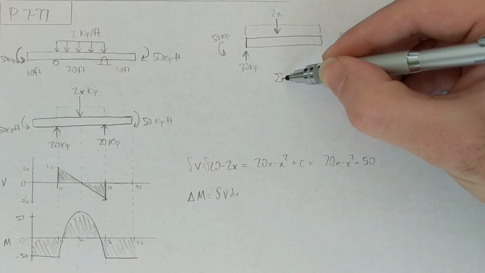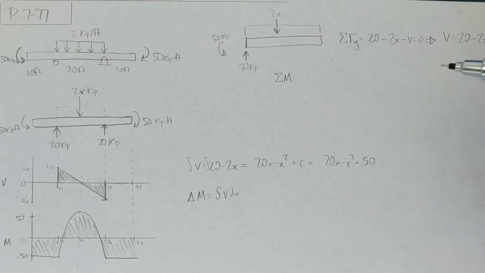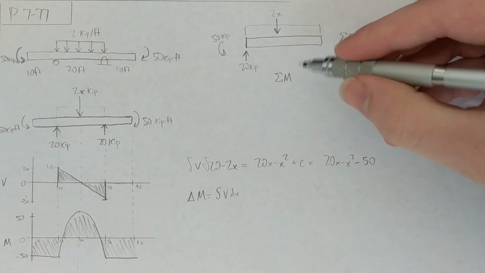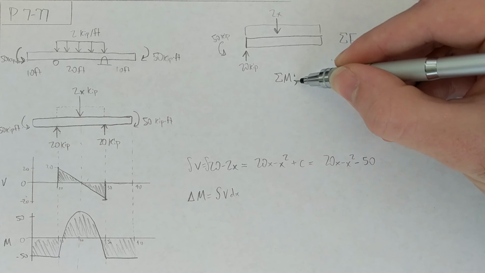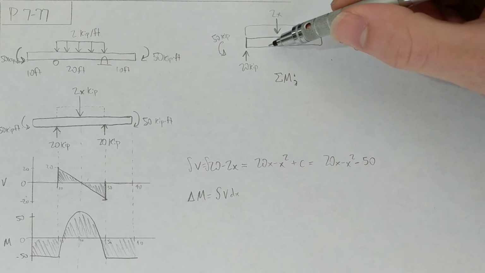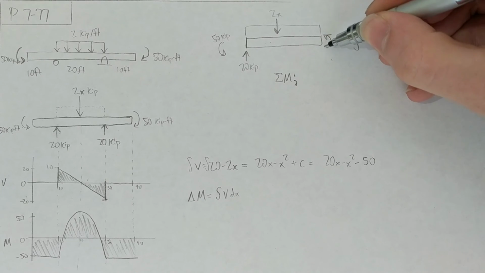And if we sum our moments, we have that constant minus 50. All right, so if we're summing it, sorry, I should have put this here.